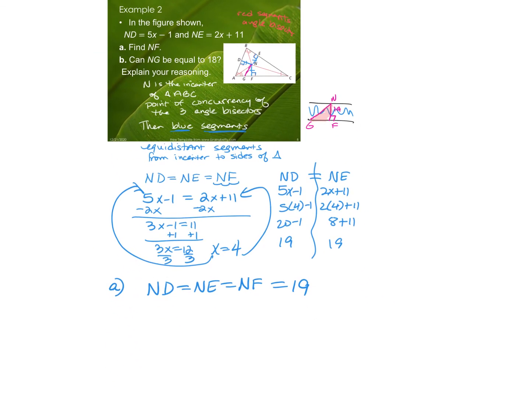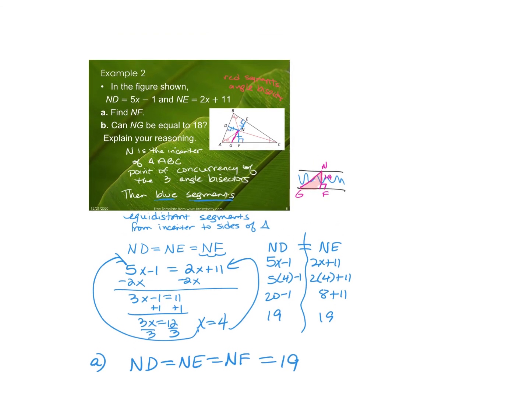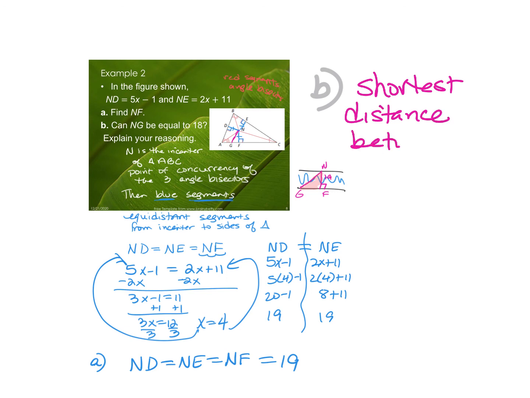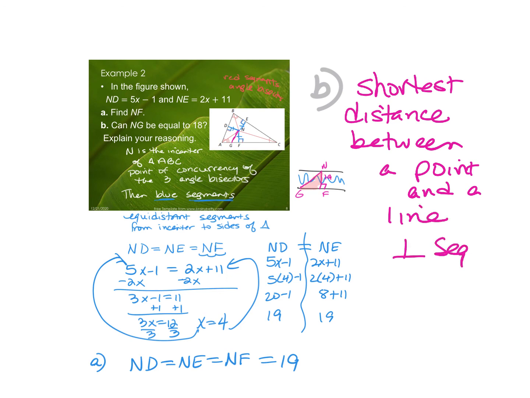So for part B, we state that the shortest distance between a point and a line is always the perpendicular segment.